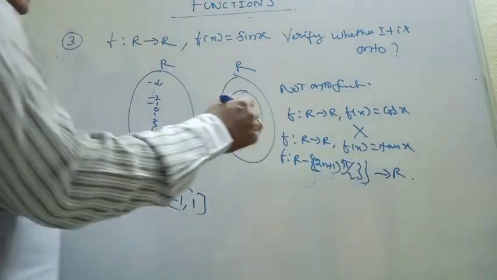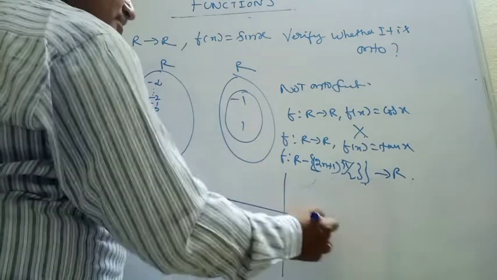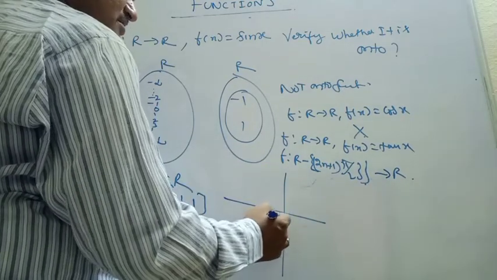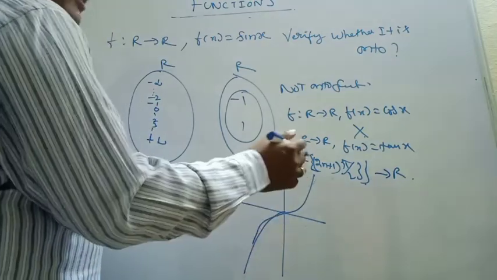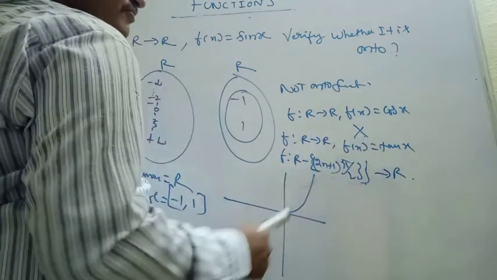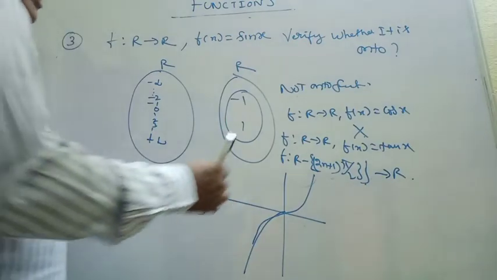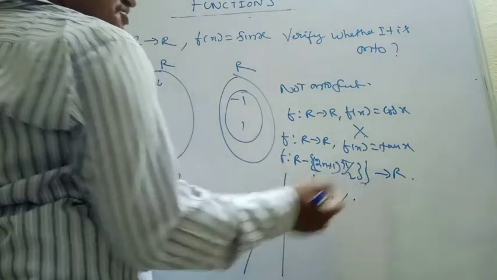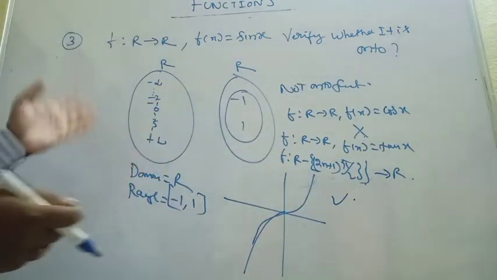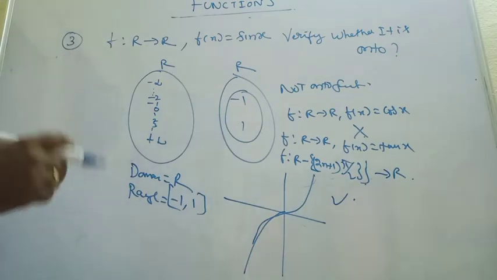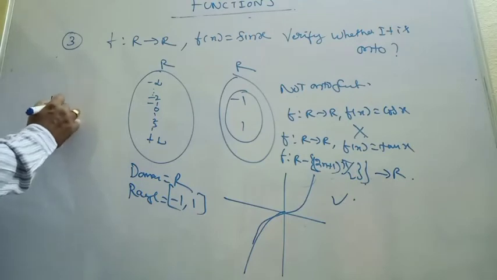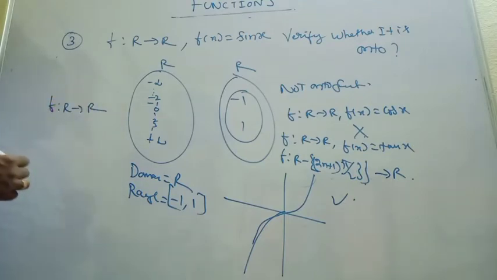When you observe the graph, for every real number there is a pre-image, so yes, it is an onto function. Similarly, cot x is also an onto function. And what about if f is a function from real numbers to real numbers, and f(x) = cosecant x?